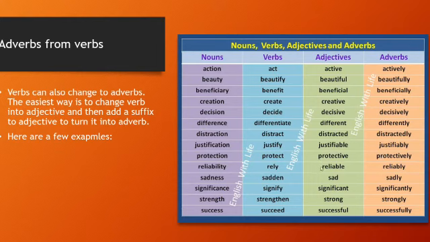Reliability, rely, reliable, reliably. Sadness, sadden, sad, sadly. Significance, signify, significant, significantly. Strength, strengthen, strong, strongly. Success, succeed, successful and successfully. So in this way you can form verbs from the nouns, then the adjectives, and then adverbs from the adjectives, just like adding the suffix ly as we have learned earlier.